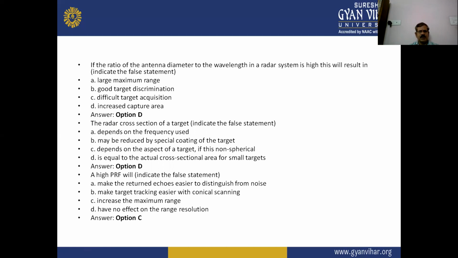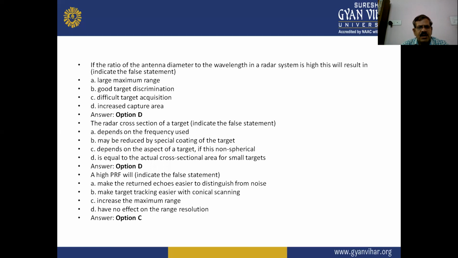In the next question, the radar cross section of a target, indicate the false statement within the 4 options. Option A, depends on the frequency used.